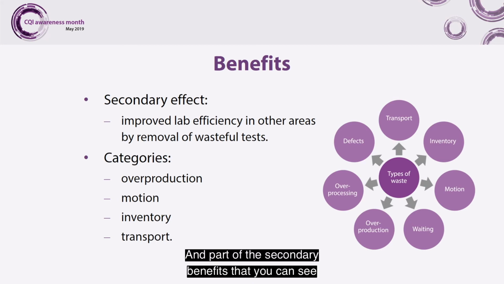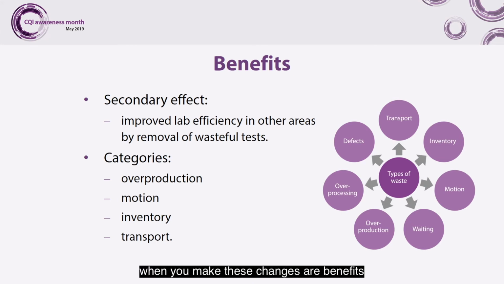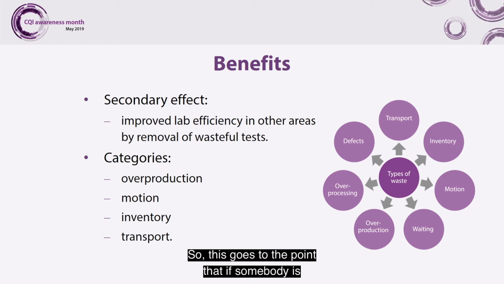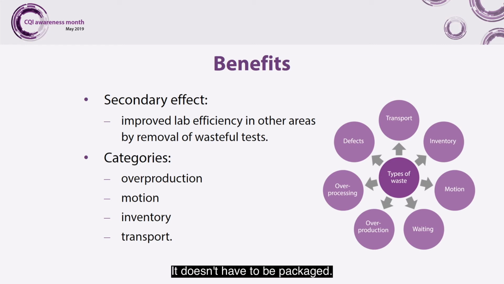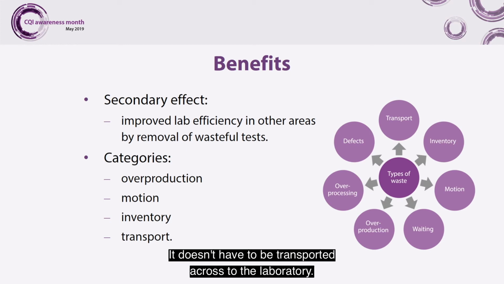Part of the secondary benefits that you can see when you make these changes are benefits more widely in the organization. So if somebody is taking the line tip, they don't have to request a test. It doesn't have to be packaged. It doesn't have to be transported across to the laboratory. We don't have to do all those other processes.